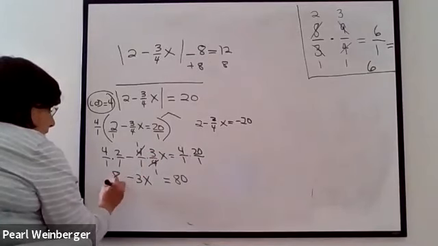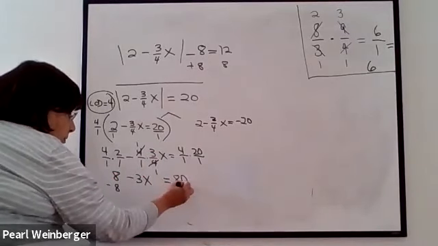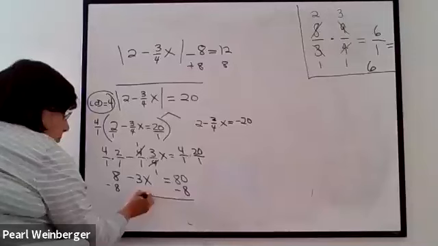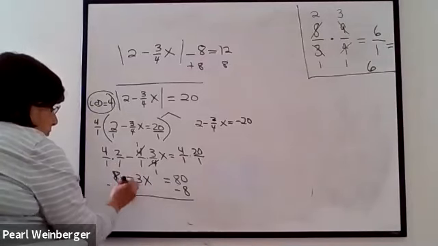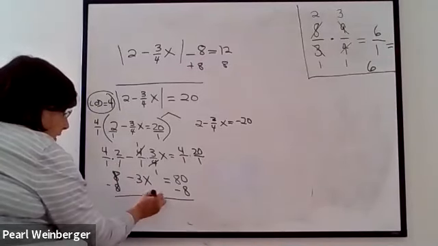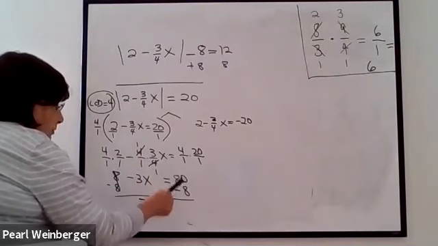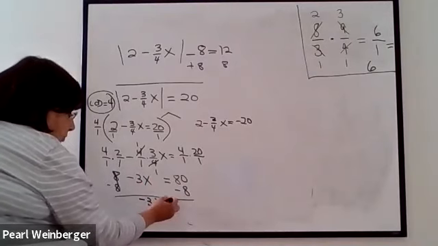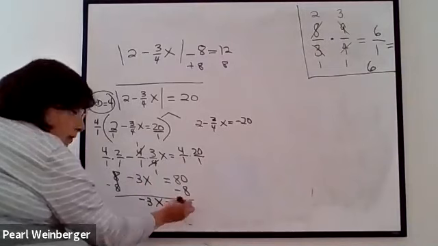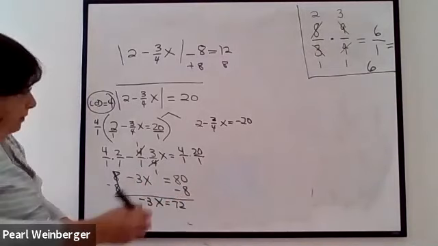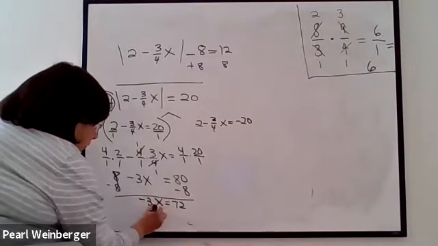I simply bring the 8 over here. So I get -3x equals 80 minus 8, which is 72. And I have to divide both sides by -3.